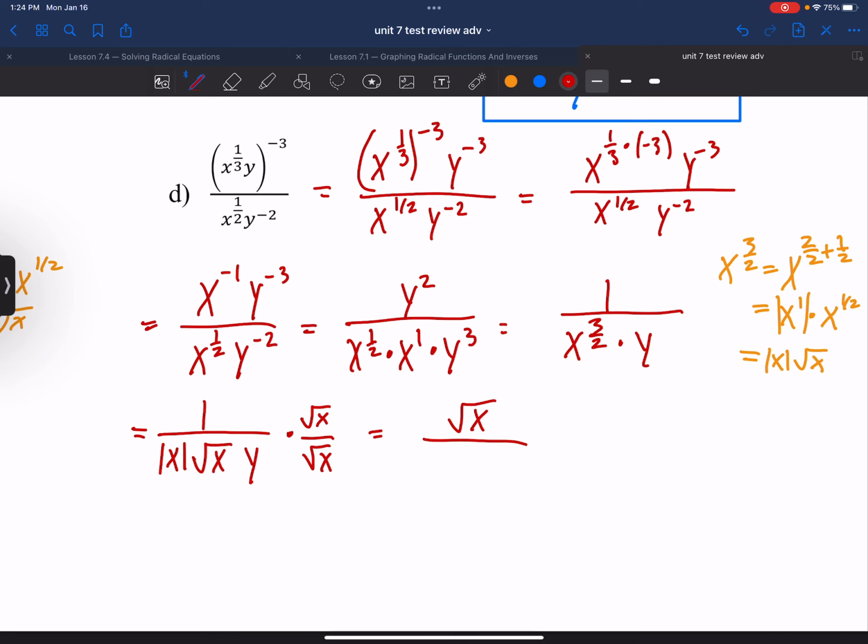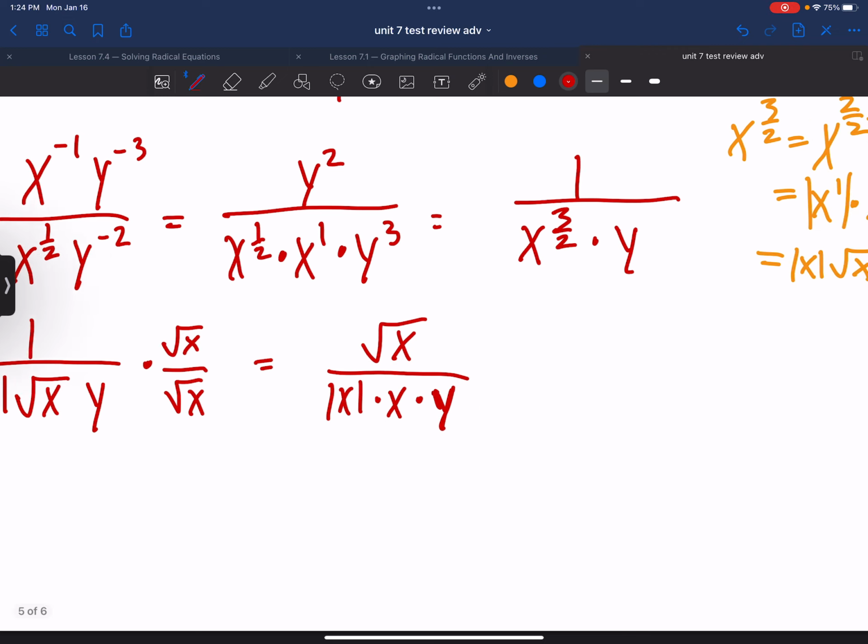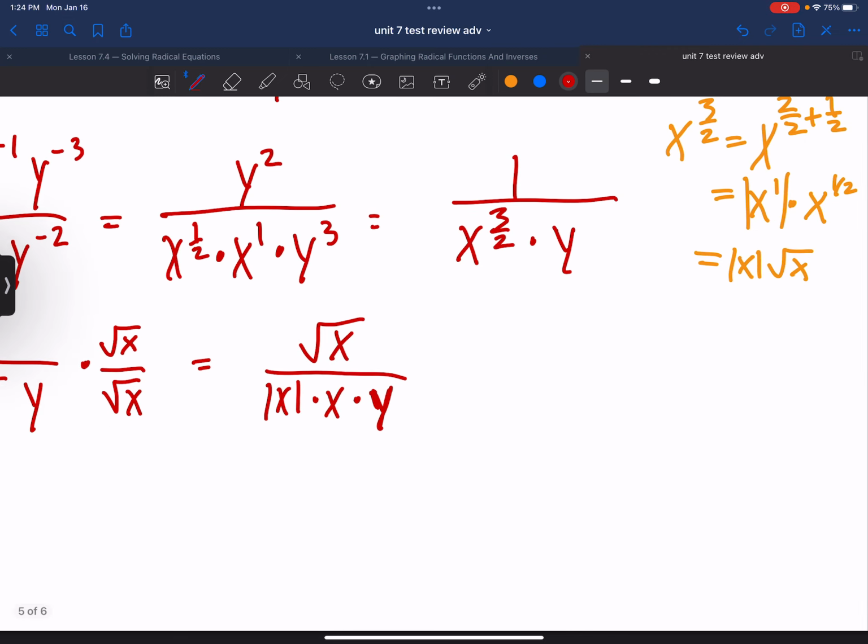Root x over absolute value x times y. Well, if we square it, we would be okay, right?